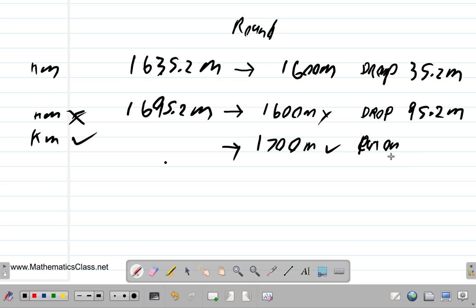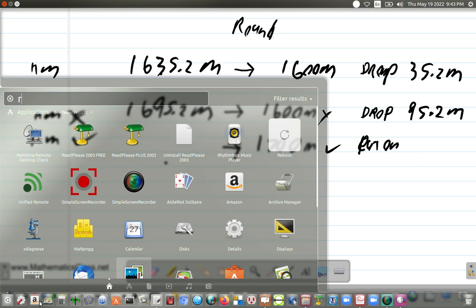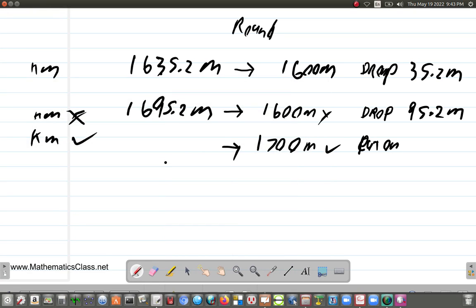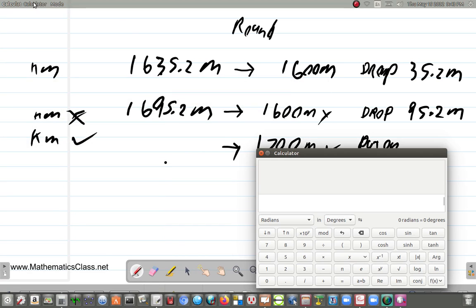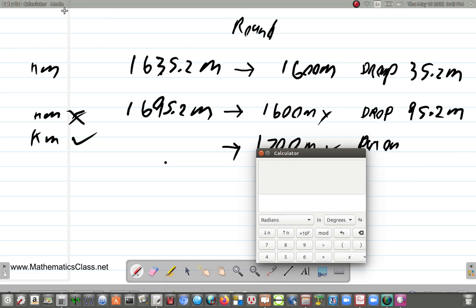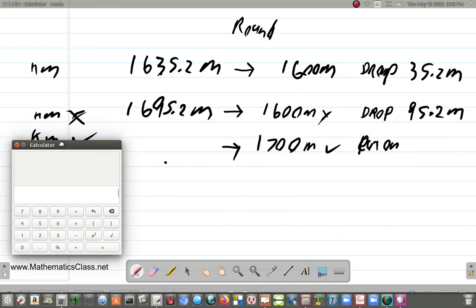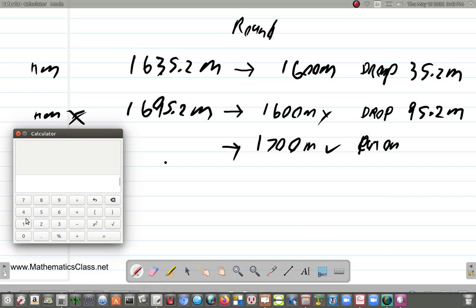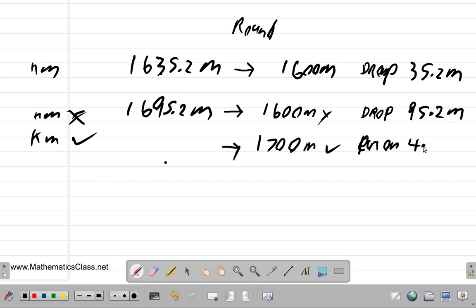How much you put on? If we just do a quick thing with the calculator here and see what going on. So put it in a basic mode. You say 1700 minus 1695.2 equal 4.8 meter. 4.8 meter that you put on.